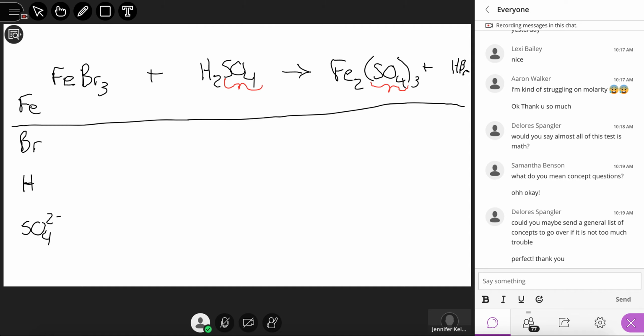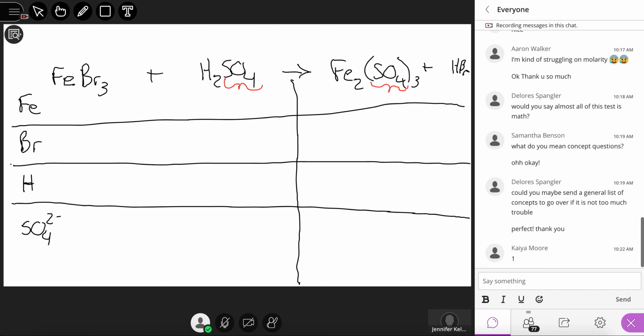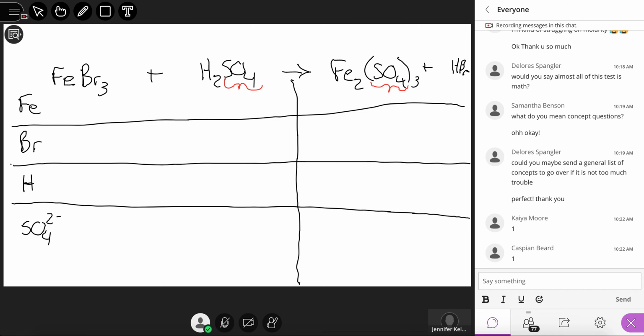So let us, oh, that was not a straight line. All right. I always like to draw the middle line right there at the arrow as a good separation. So how many iron do we have on the left? 1.